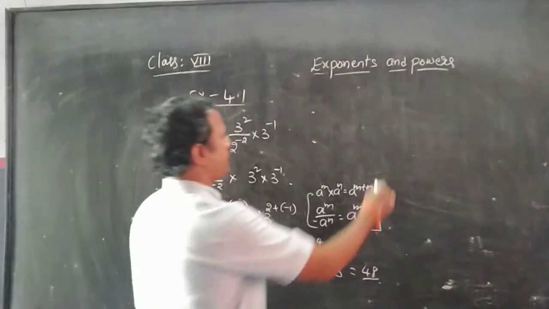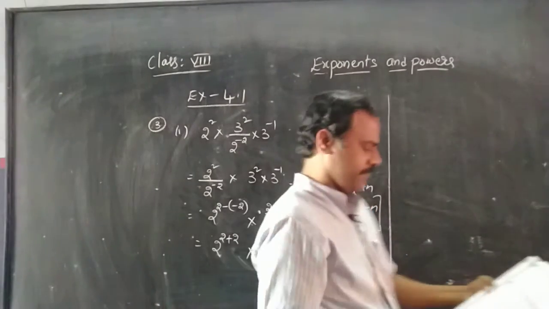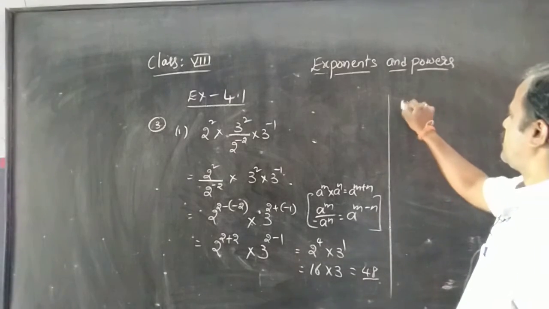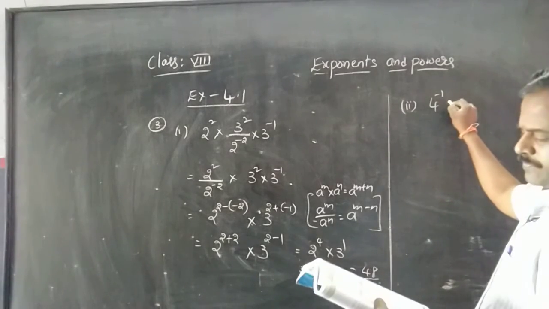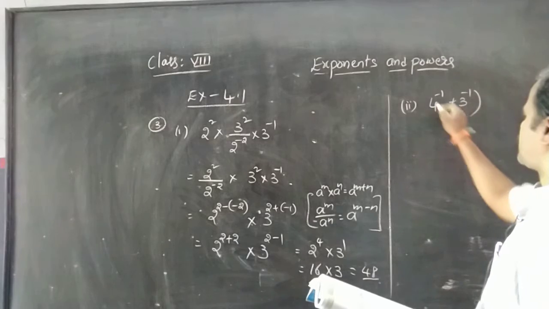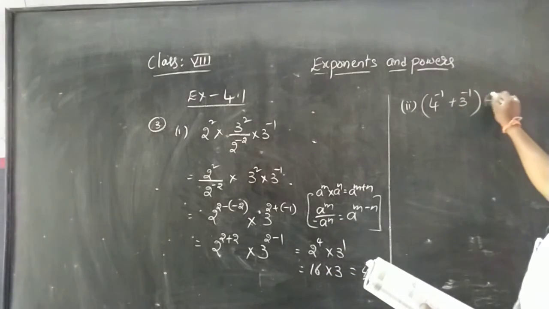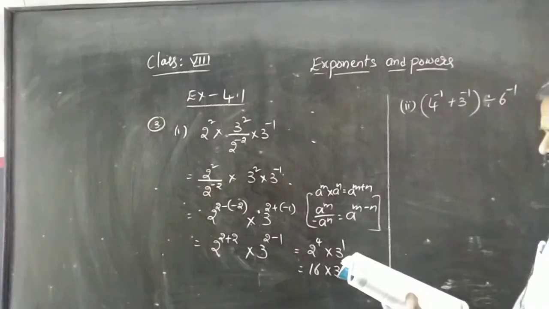Right. Very good. Now we go to the second question. What is the second question? It is given as 4 power minus 1 plus 3 power minus 1, multiplied, divided with 6 power minus 1.